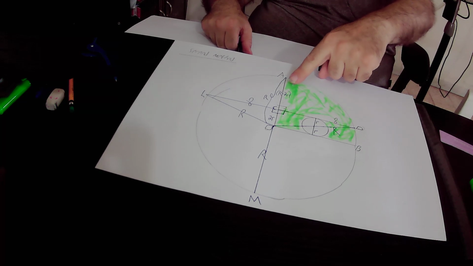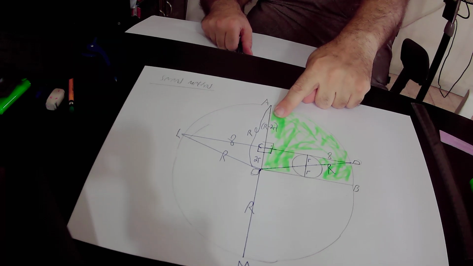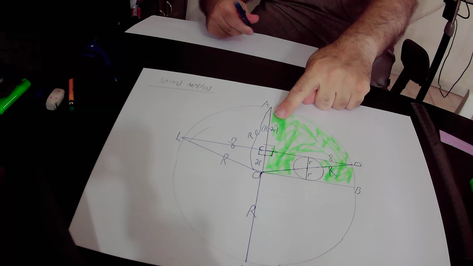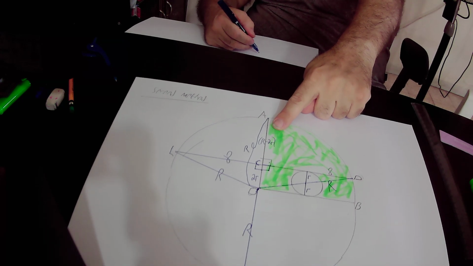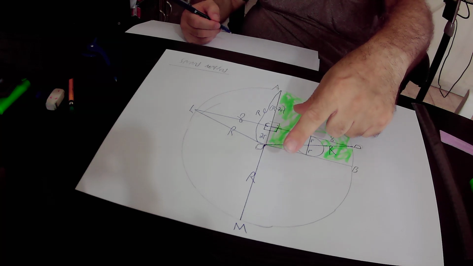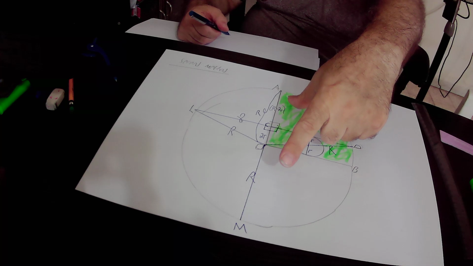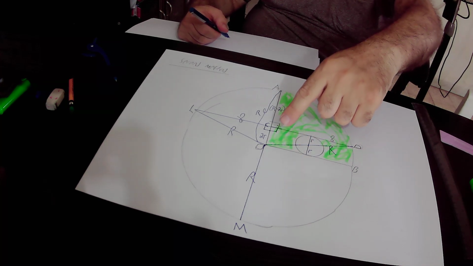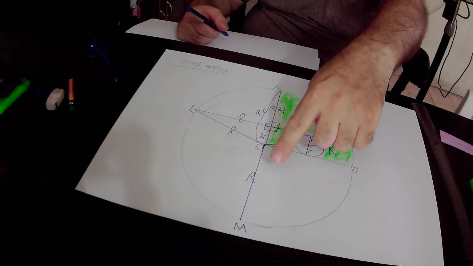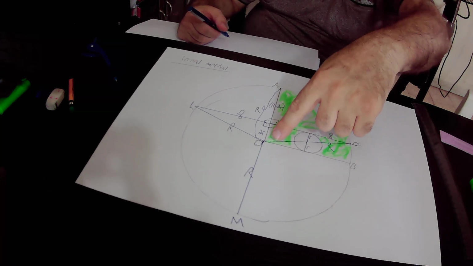AC equals capital R minus 2r, times CM. What is the value of CM? It is very easy to see from the drawing that CM equals capital R plus 2r.